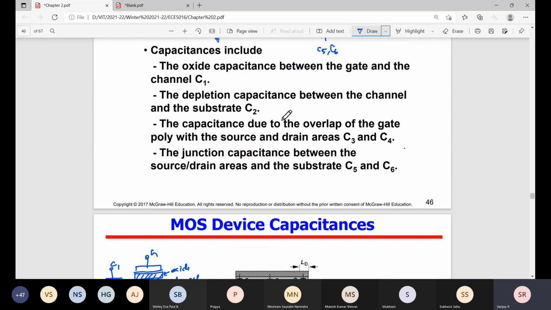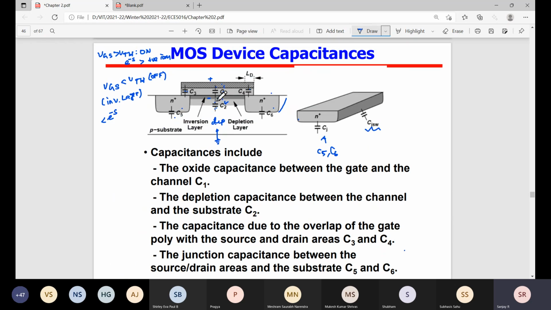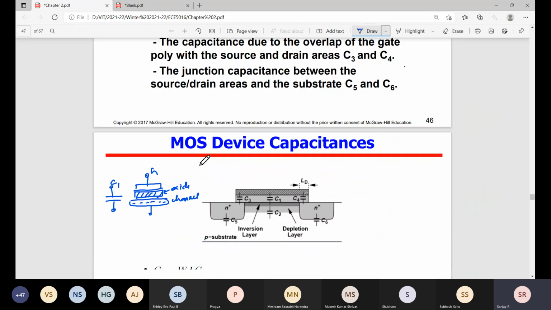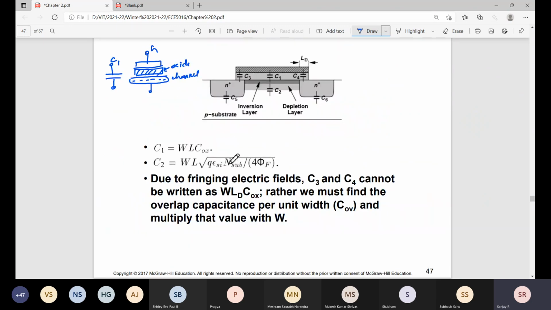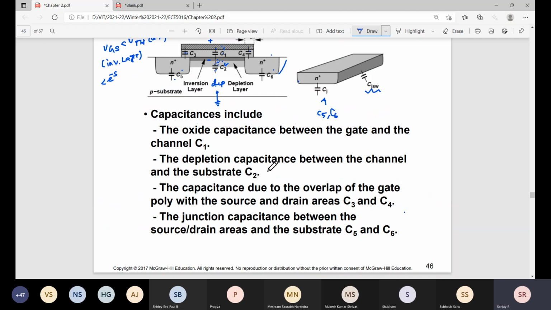So what is C2? C2 I already mentioned. It is the capacitance between the channel and the depletion layer. It is a depletion capacitance in the MOSFET, not in a PN junction. You might have studied this formula in device physics, might have derived it. So I will underline here: depletion capacitance between channel and substrate in the MOSFET, not in the PN junction.